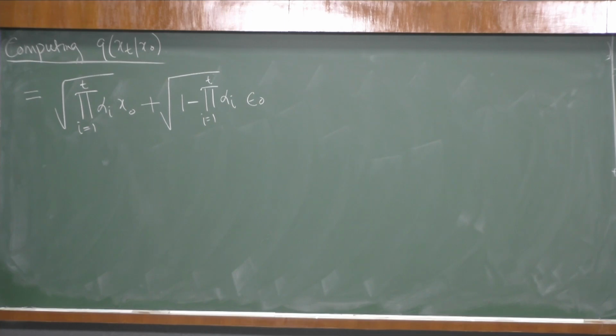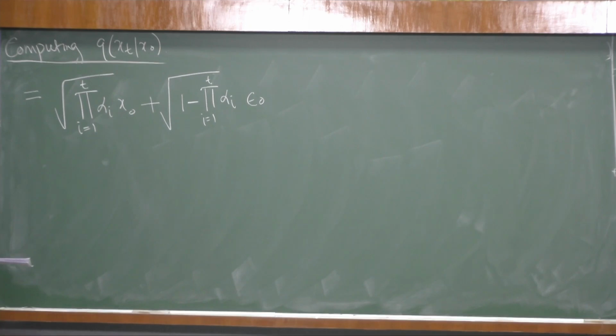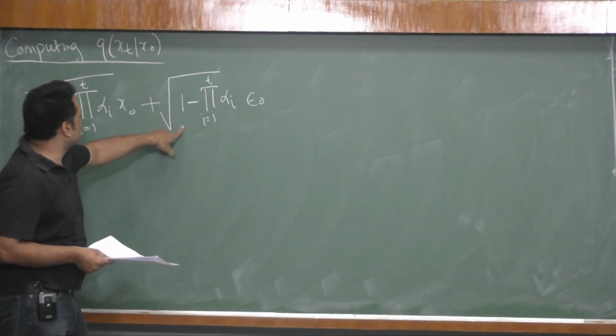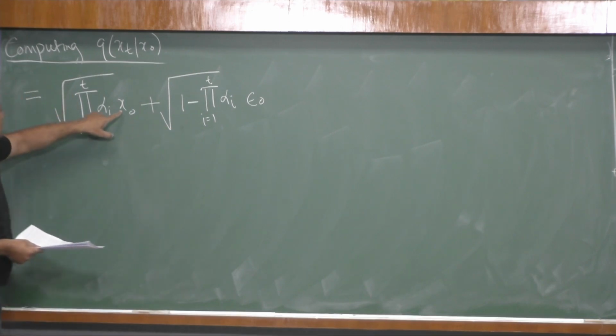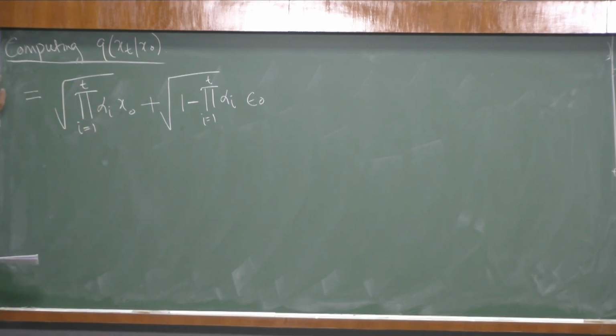What this is telling us is that epsilon naught obviously is standard normal. So the mean will be 0, and the variance is the square of this. We have to figure out, because x naught is also being scaled via this, right? So we have to write down the overall form for this.